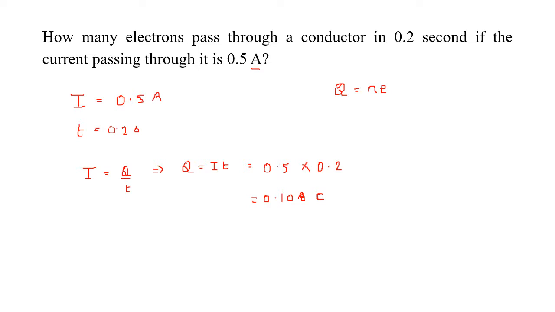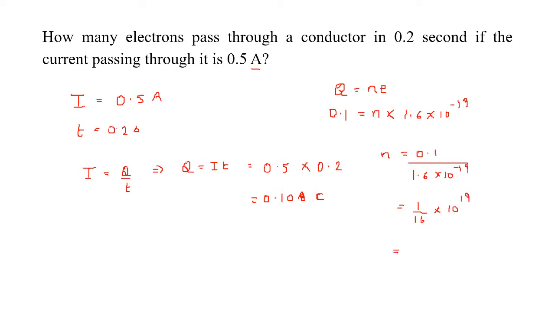So we have 0.1 coulomb charge, and the charge of one electron is 1.6 into 10 raised to minus 19. So the number of electrons is 0.1 upon 1.6 into 10 raised to minus 19, or 1 upon 16 into 10 raised to 19.